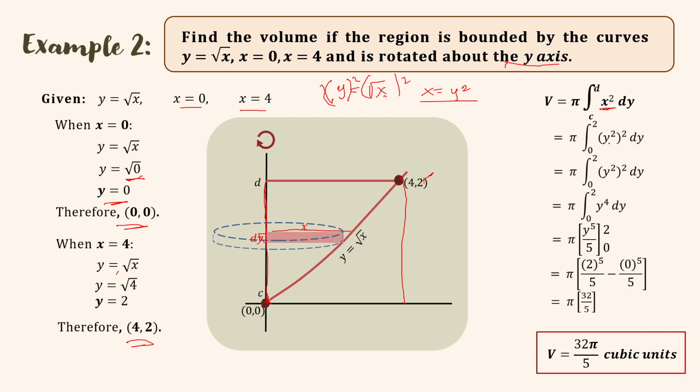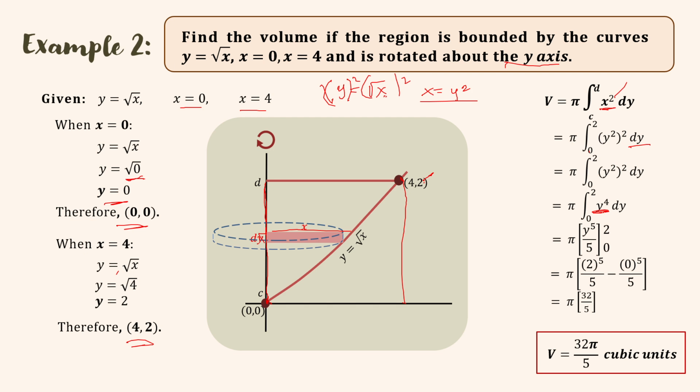So we plug in y squared, then squared, dy. So pi times the integral from 0 to 2 of y squared, quantity squared, dy, that is y raised to 4. And we need to integrate this one. How to integrate?